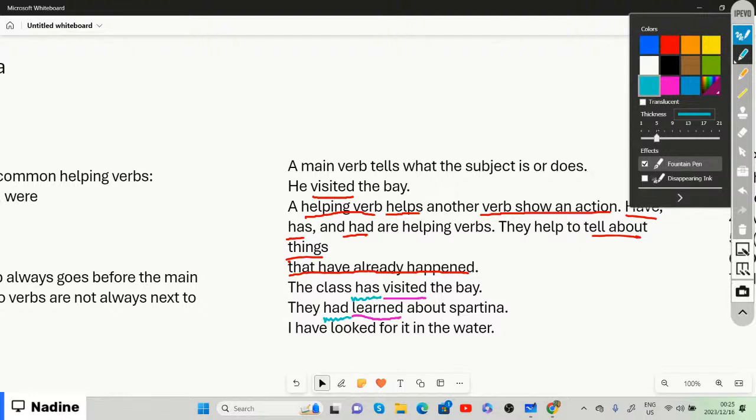And then in our last sentence, I have looked for it in the water. So our main verb is looked, and our helping verb is have.